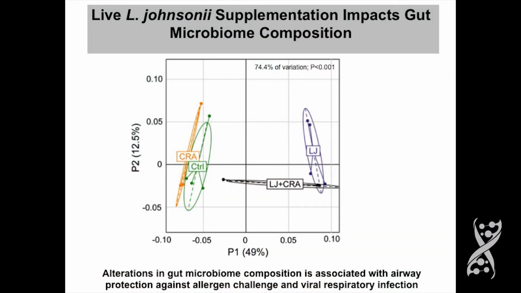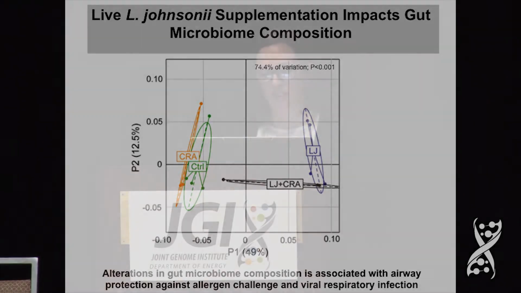The other thing we asked is whether the Lactobacillus johnsoni, as we suspected, had the capacity to shift the gut microbiome by any large measure with respect to composition. And again, this is another principal components analysis, and I want to draw your attention to these animals here who received Lactobacillus johnsoni, who all cluster together and are significantly distant from the control animals who received no supplementation, suggesting that these are compositionally distinct communities in the animals who received this single species.